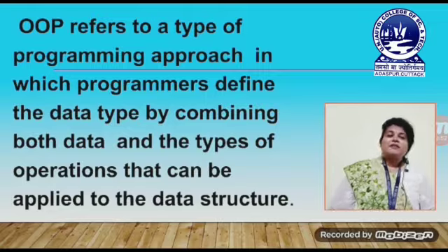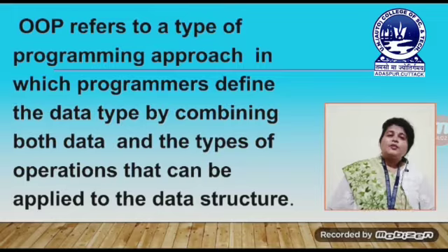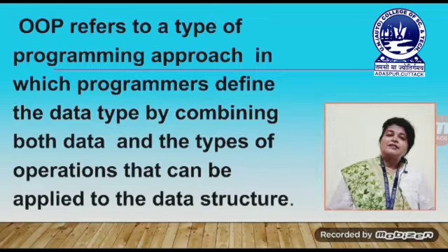What is the meaning of class, what is the meaning of object? We will discuss all those things when we discuss the OOP features. But in OOP the programmer will design a data type which can contain a numeric value and, at the same time, all the operations which will be performed on the numeric value.